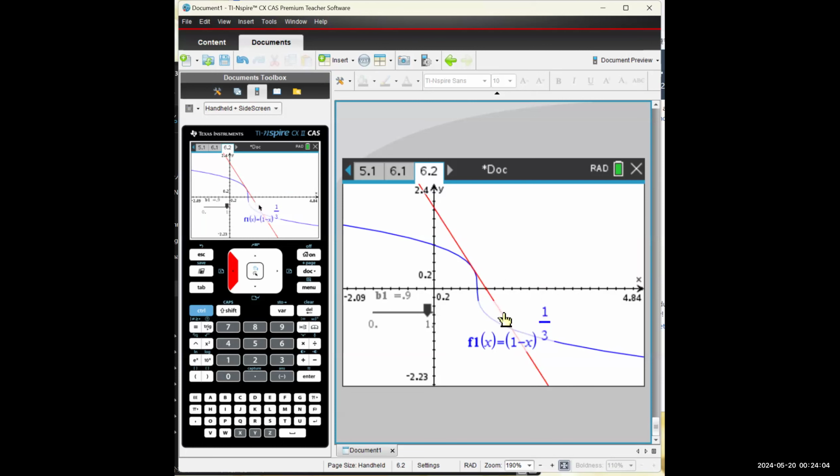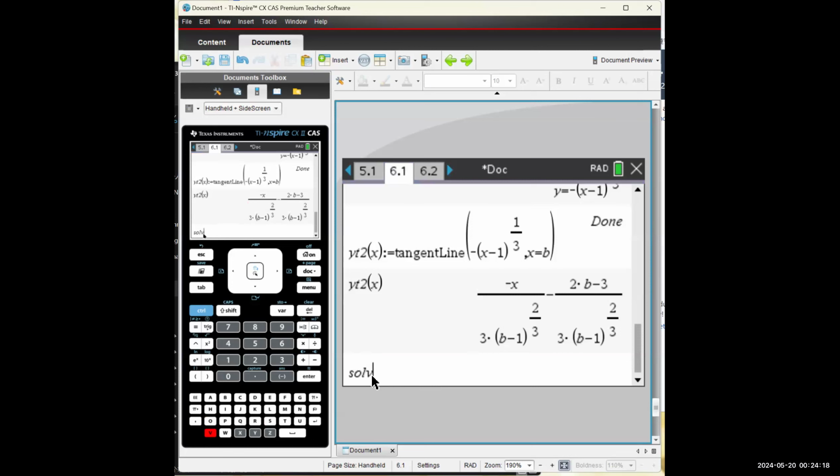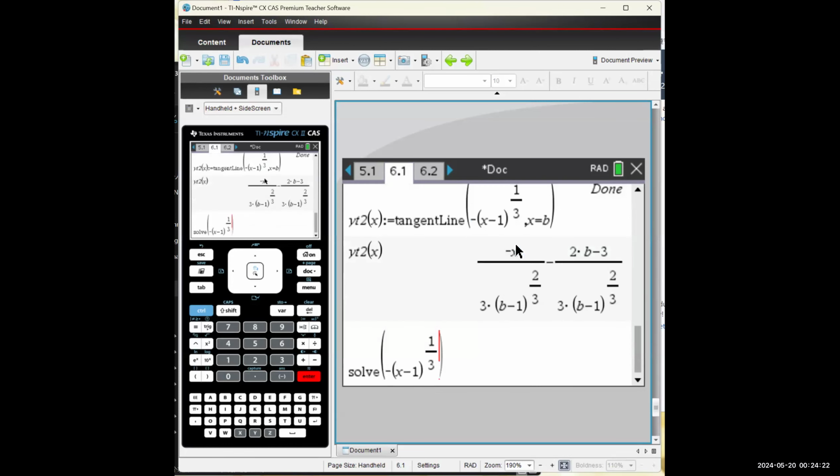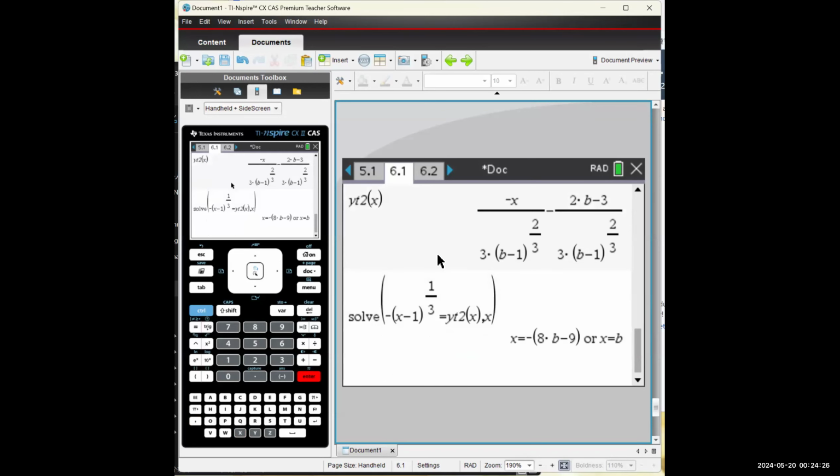Of course, if you were to find the area between these two regions, well, I will actually go from x equals 0 to the intersection here. So you could actually solve this thing equated to that for x. So it's 9 minus 8b, okay?